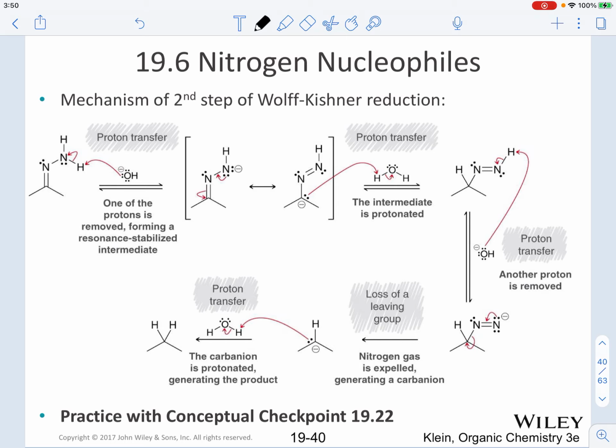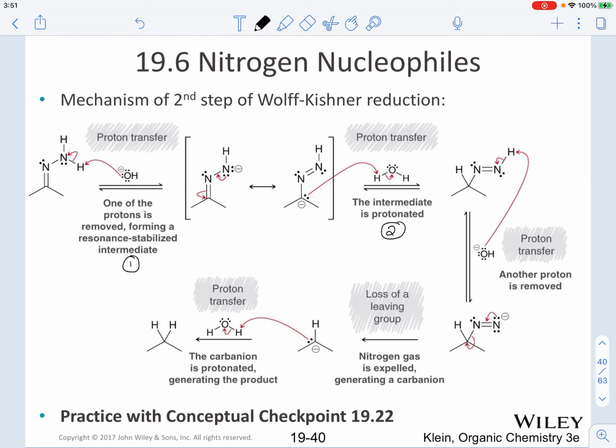In the first step of the reaction, one of the protons in our imine-like structure is going to be removed, and as you can see, that is going to be forming a resonance stabilized intermediate. Then that intermediate is going to be protonated, specifically at the carbon anion that we have in the molecule.